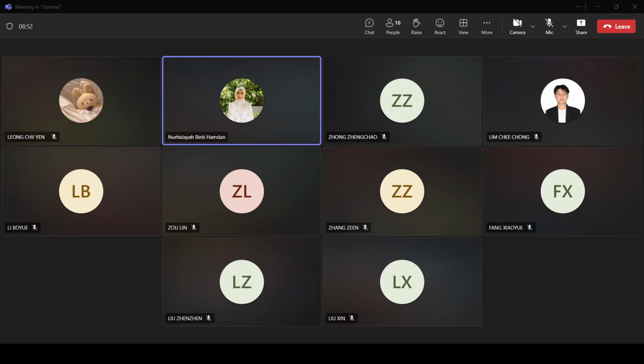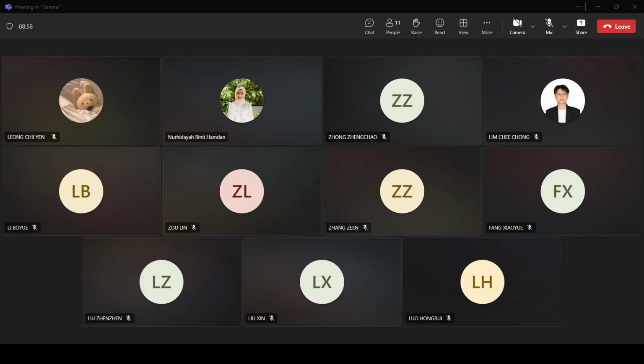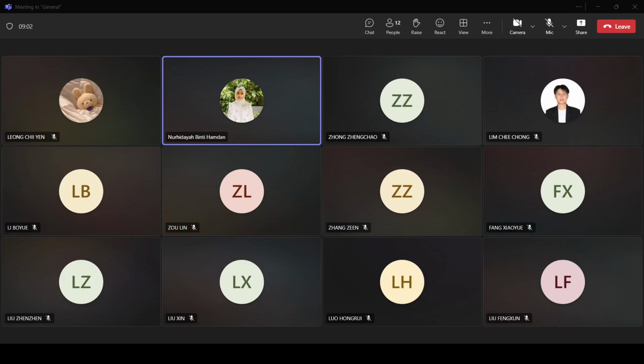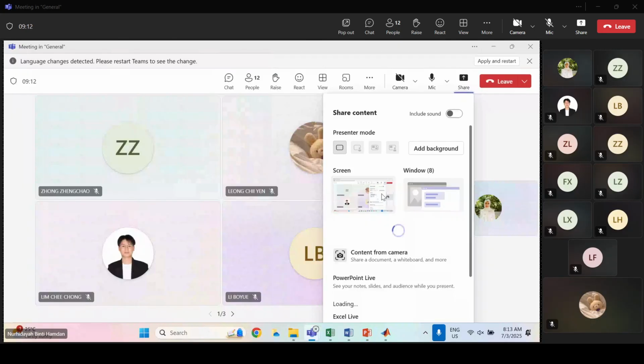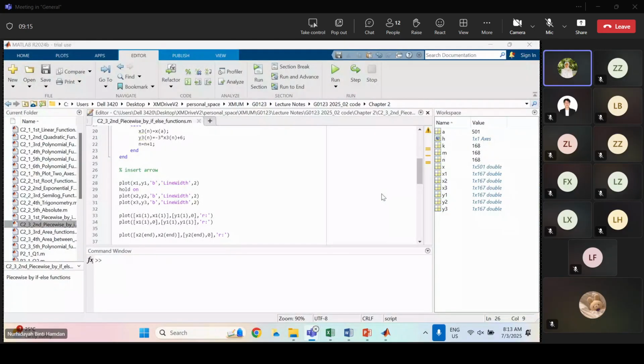you have to comment it, maybe here. You say that you insert arrow using insert arrow. Oh wait, let me share my screen. See?